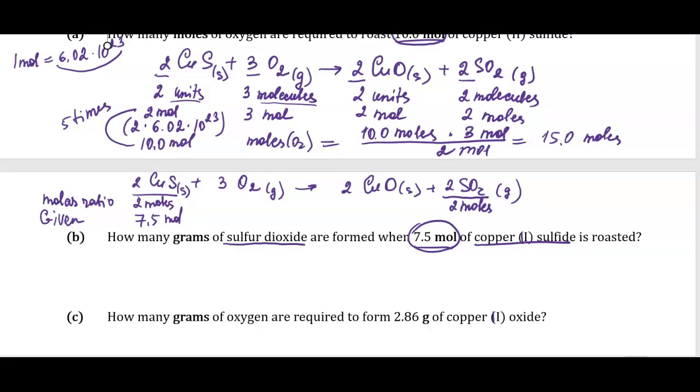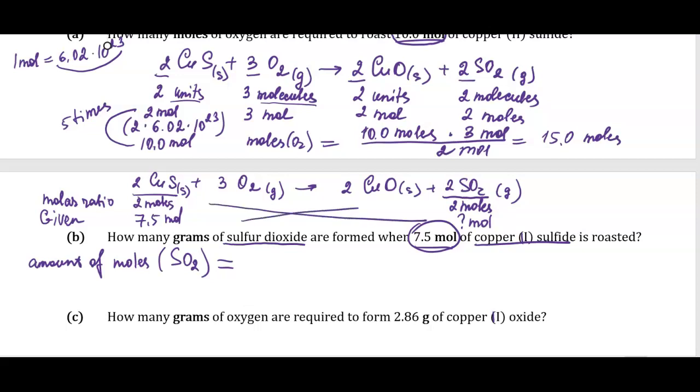And we need to find how many moles of sulfur dioxide is formed here. How do we calculate the amount of moles of SO2? So we have our ratio 2 to 2, but now it's 7.5.